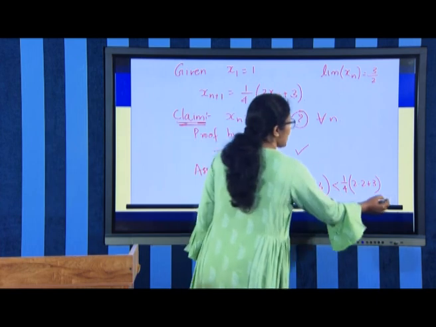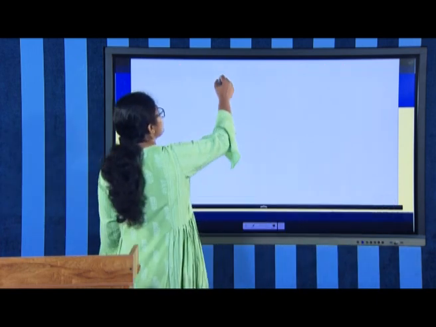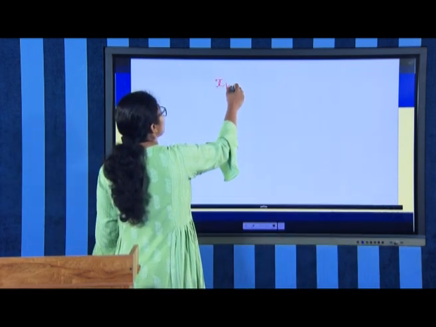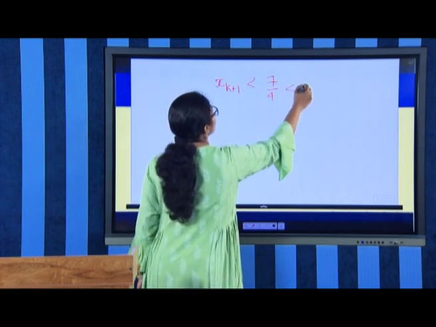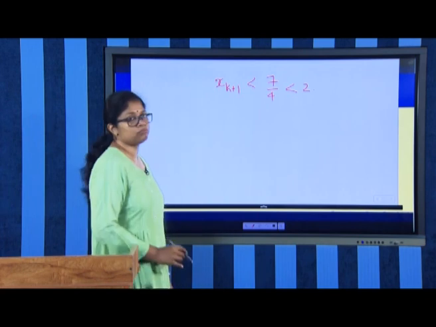So, we have xk plus 1 less than 7 by 4, and 7 by 4 is strictly less than 2.